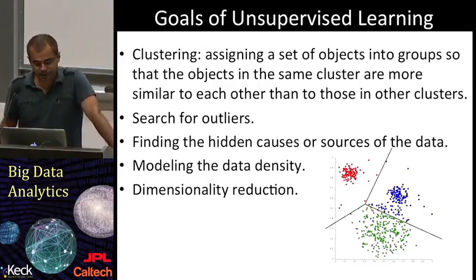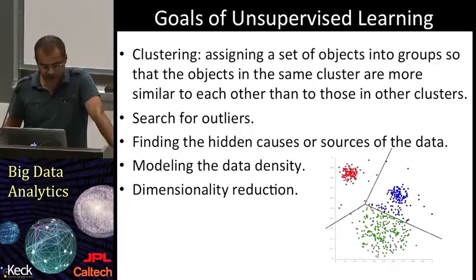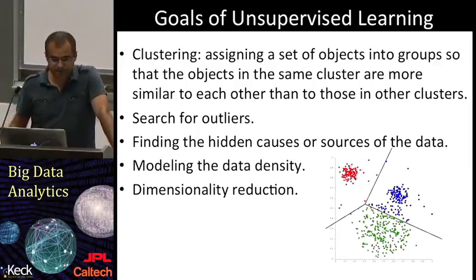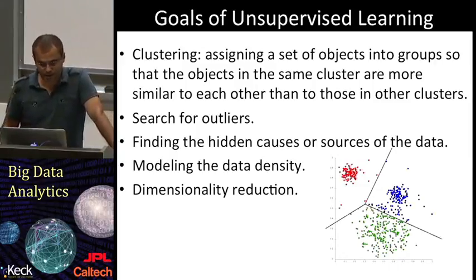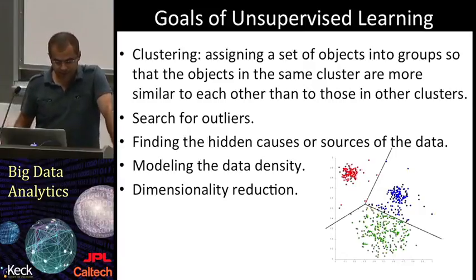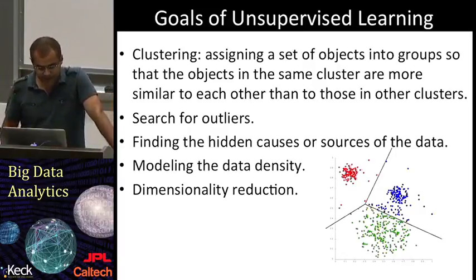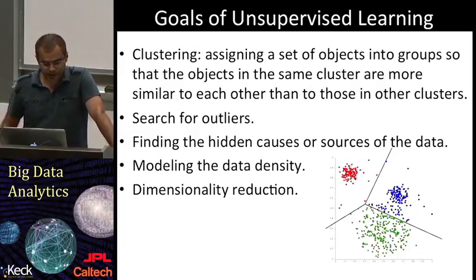Related to clustering is also the search for outliers, where we try to find objects that are distant from all the clusters. These may turn out to be errors, artifacts, or very interesting objects. And also, unsupervised learning is used in many algorithms for dimensionality reduction, both for feature extraction and feature selection. And this will be covered in another series.